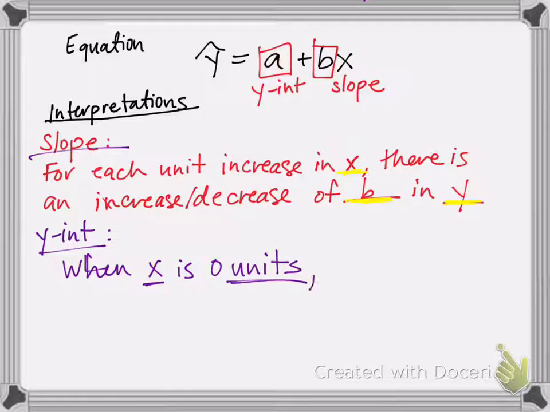So when x is 0 units, y is the y-intercept. So you're just saying, like, when you have studied for 0 hours, you could make a 43 on the test. That could be your y-intercept.